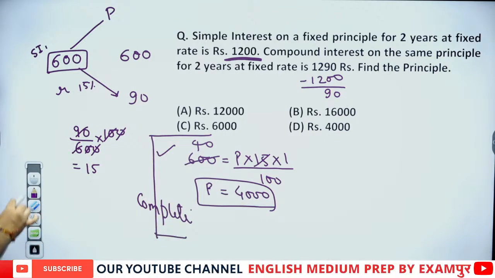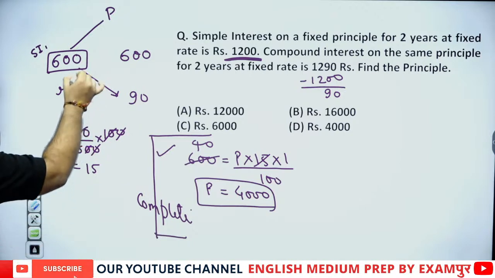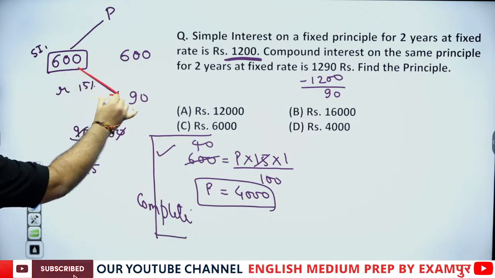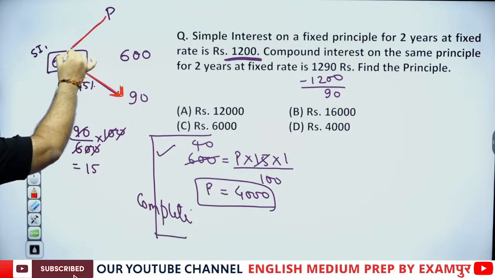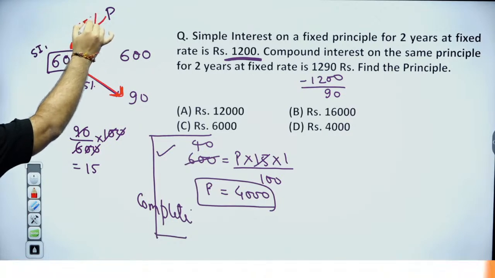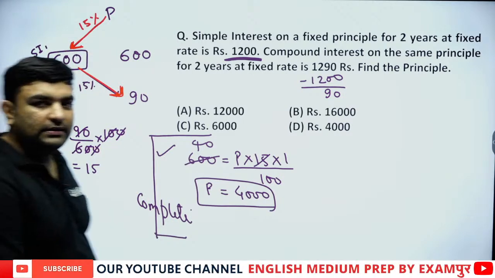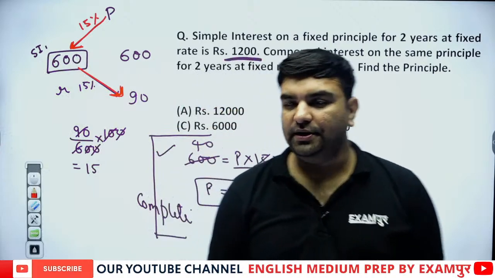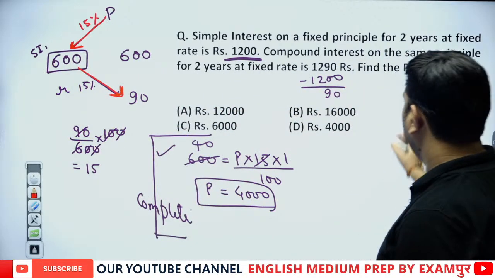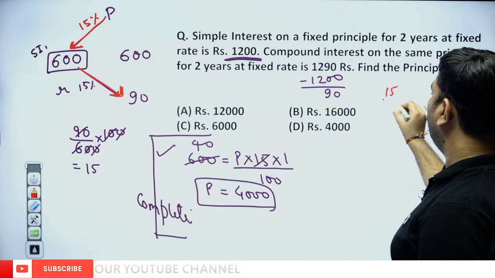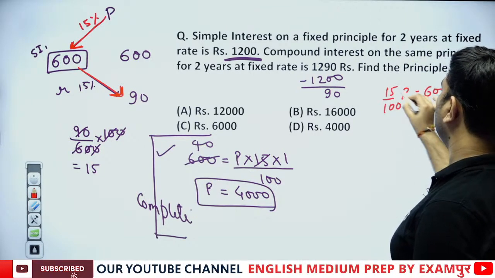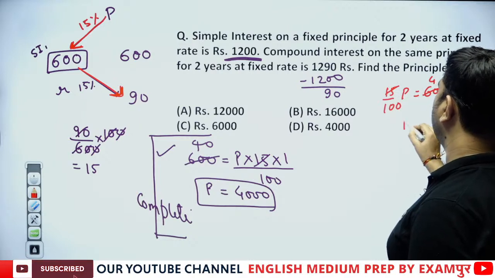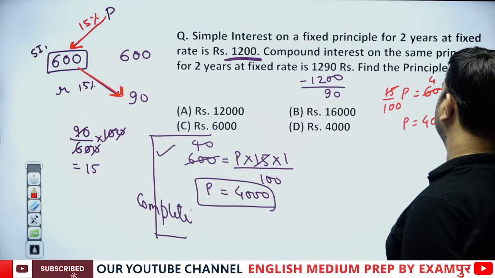What would be the trick? If 90 is 15% of 600, then 600 is also 15% of principal. So 15% of principal is equal to 600, and the principal is 4000.